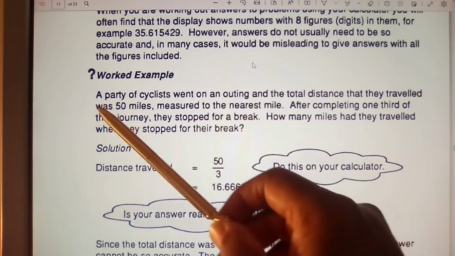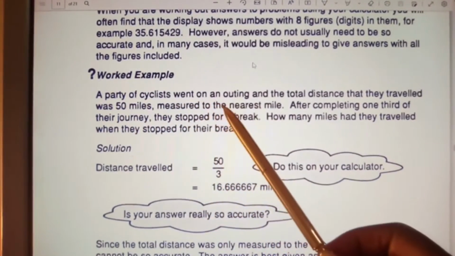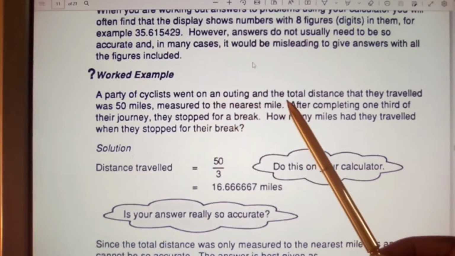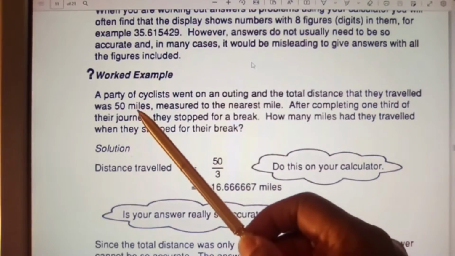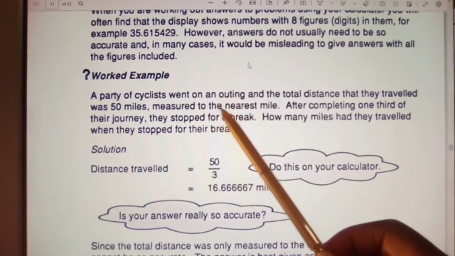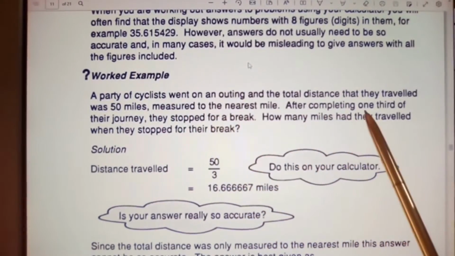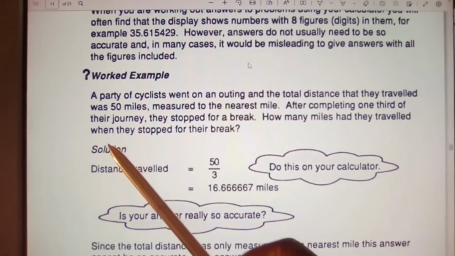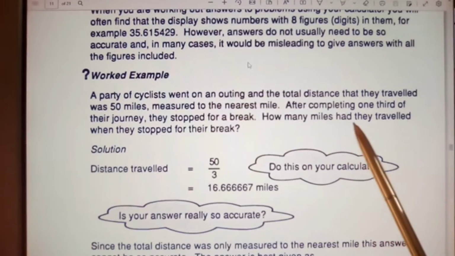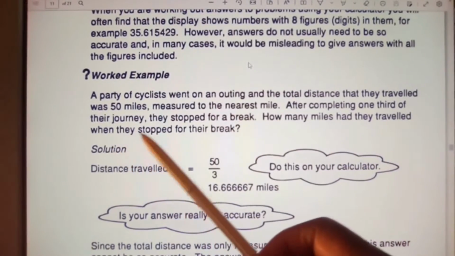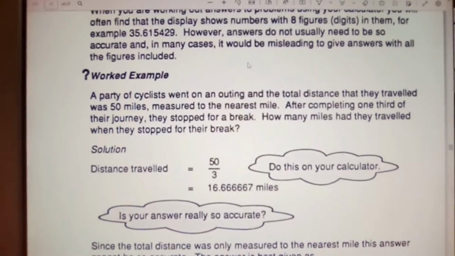Let's look at a work example. A party of cyclists went on an outing and the total distance that they traveled was 50 miles, measured to the nearest mile. After completing 1/3 of their journey, they stopped for a break. How many miles had they traveled when they stopped for their break?